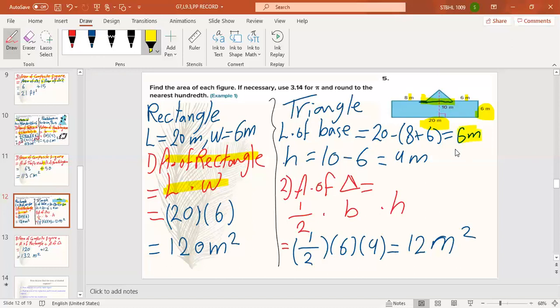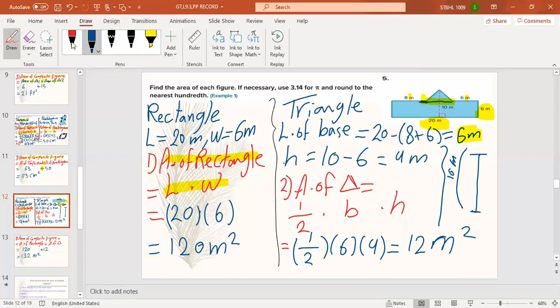What about the height? Look at the height. We can represent the whole dashed pink line on the figure using this. The length of all of this is 10 meters. The whole length here is 10 meters.